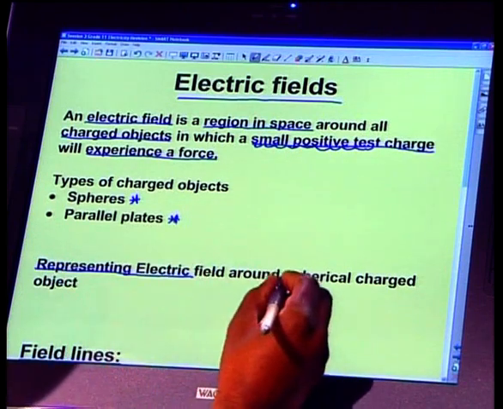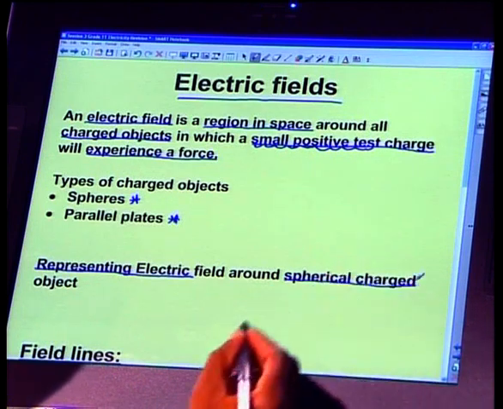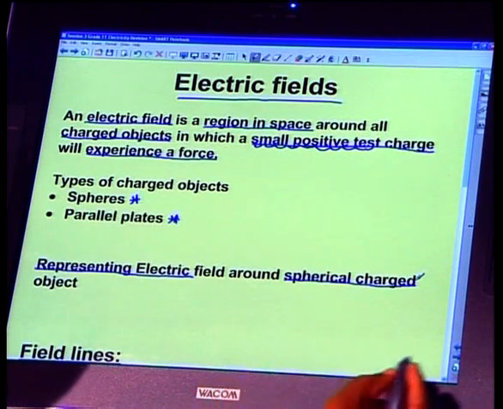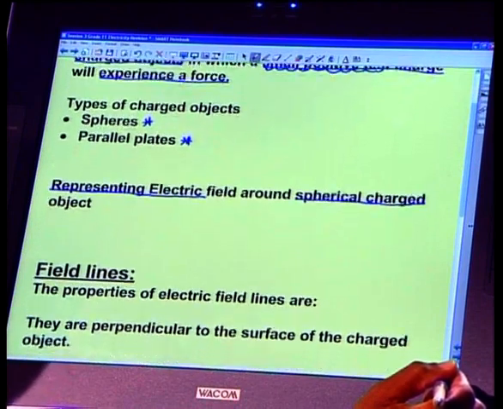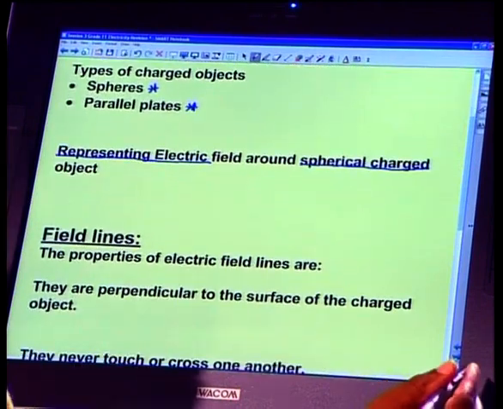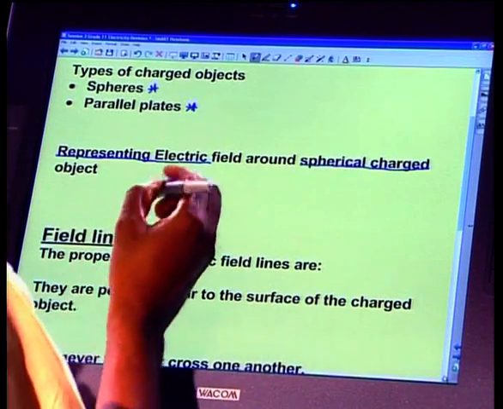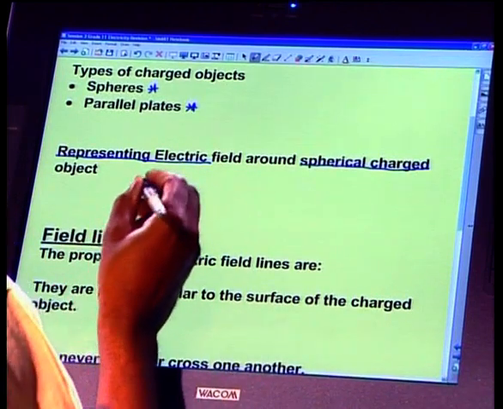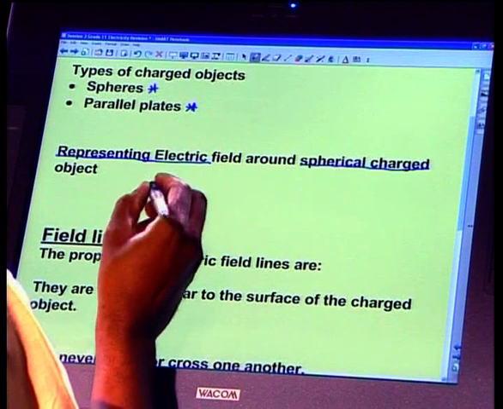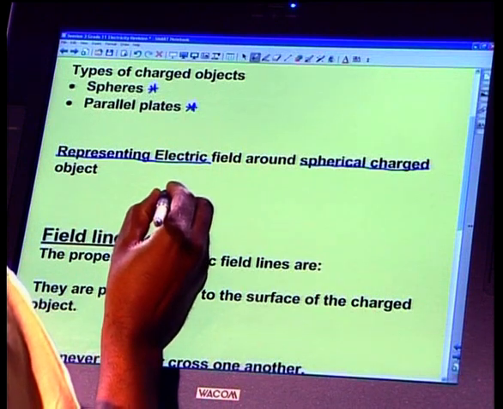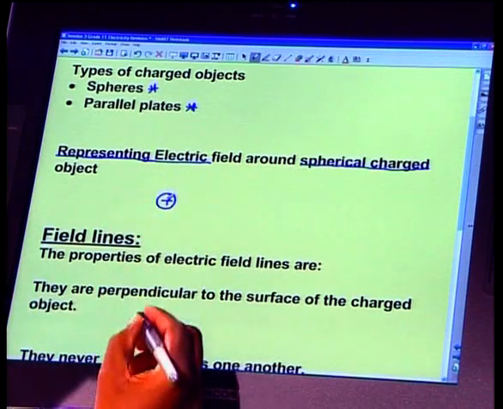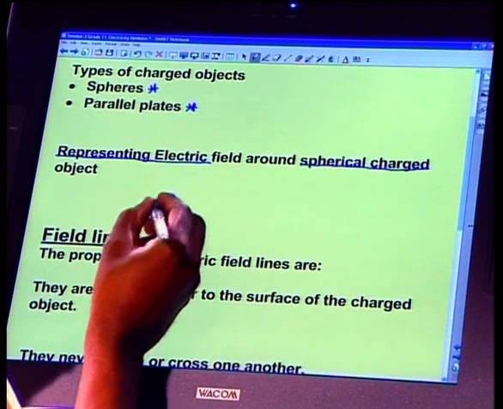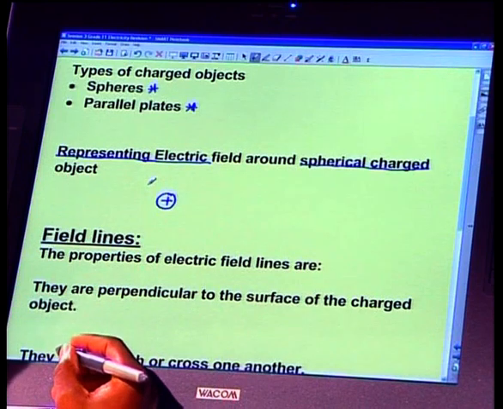And firstly, allow me to talk about how to represent a field when we have a spherical object that is charged. Now here, we need to be careful. We know that we have got two types of charges. We can have a positive charge. So say this is our sphere and it is positively charged.